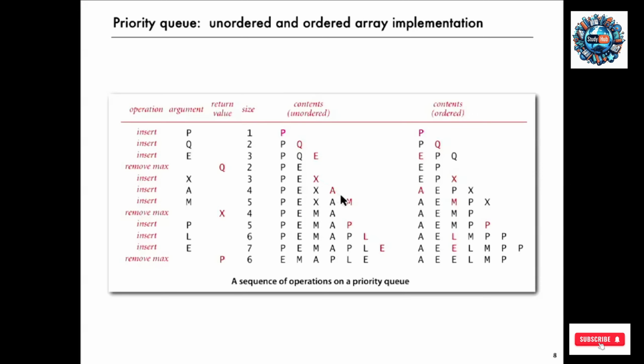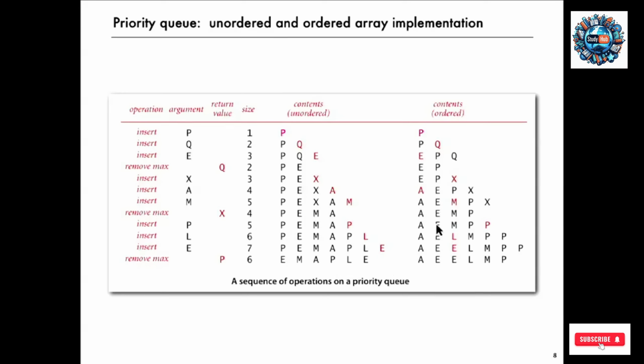We put a new item at the end of the array and remove it from the end of the array, or you could do it in a linked list. And then when it's time to remove the maximum, you have to scan through everything to find the maximum. So you could implement this with a linked list or with a resizing array.